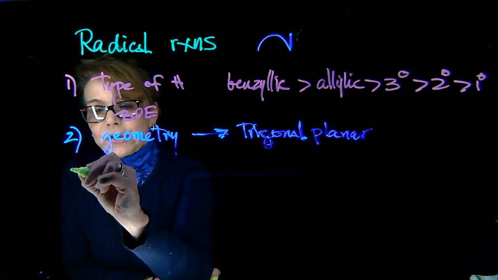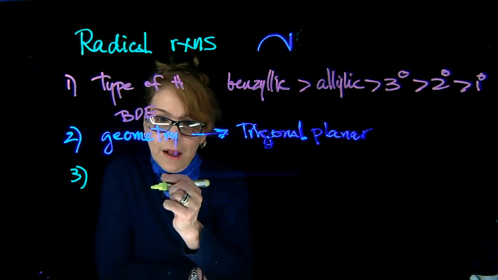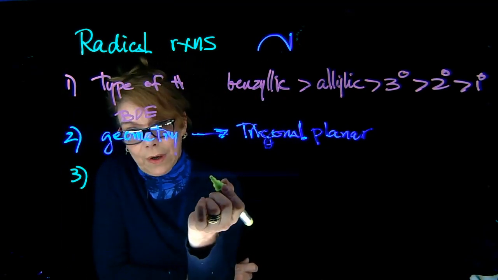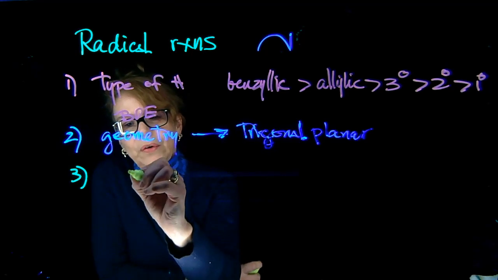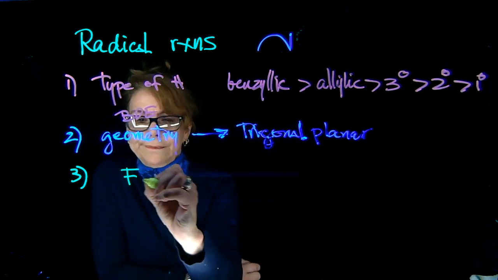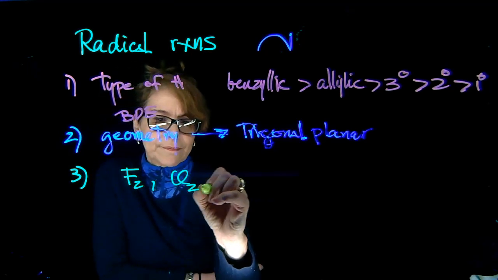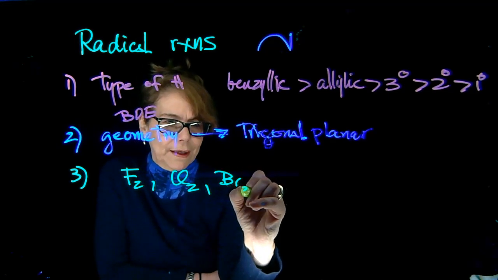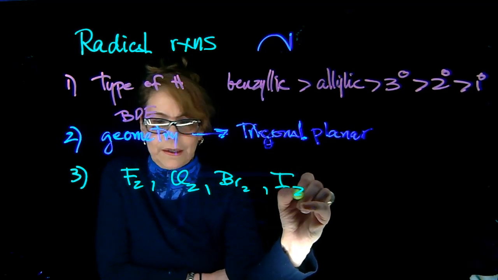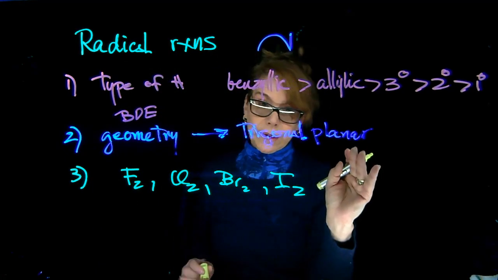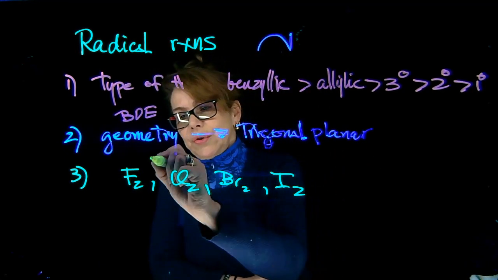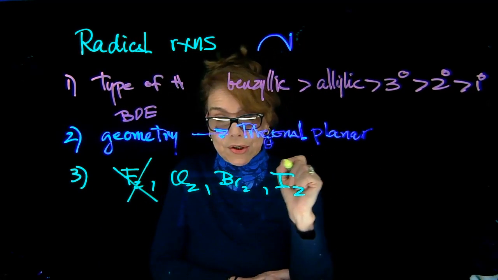The third consideration that I want to make is the halide itself. So in general, you have fluorine, chlorine, bromine, and iodine for one thing. And when you're doing radical reactions, you don't use fluorine because it's too reactive.